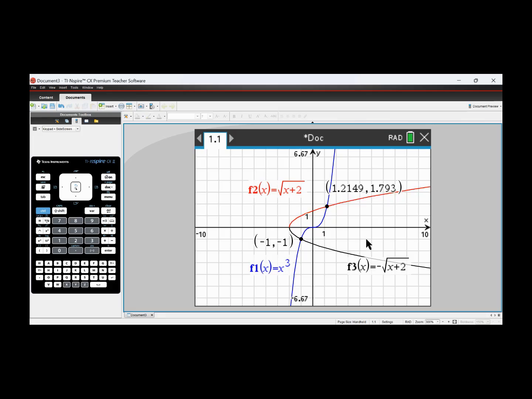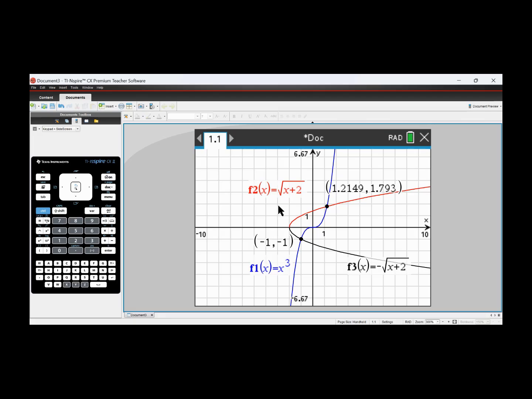If, however, we integrate with respect to y, this x cubed is always the function on the right, and this parabola is always the function on the left. And if we use it in terms of y, it's only one equation. So it makes sense to do this in terms of y.